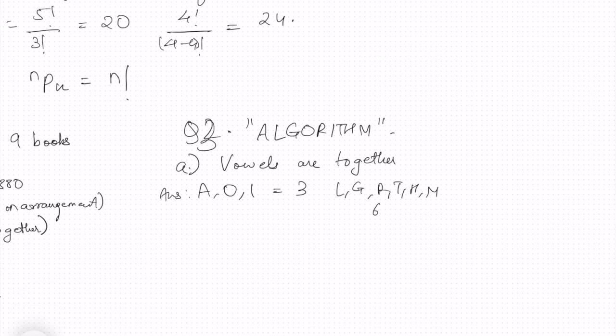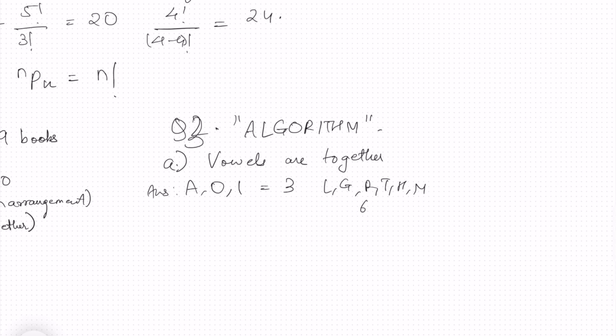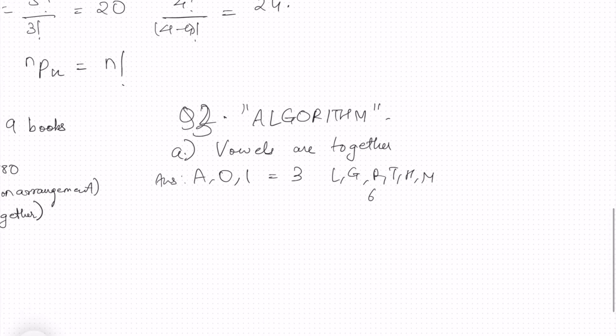If the vowels are always to stay together, then like the previous example, I can group the vowels together as one group of objects, and I can have 6 individual consonants, which means I can consider this to be A, O, I and L, G, R, T, H, M.